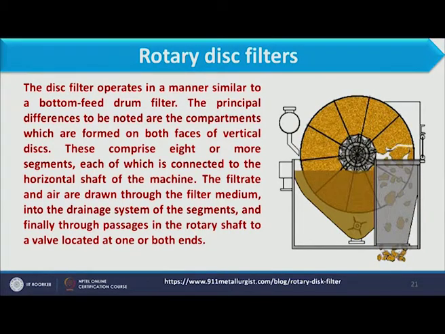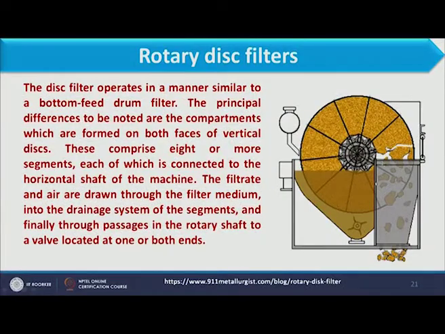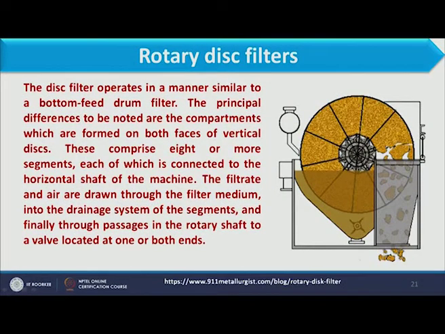It is also operated under vacuum, but as we have seen in the rotary drum filter, the cloth is available at the outer edge of the drum. However, in the disc filter the cloth covers the discs, and the discs are attached to the shaft very near to each other. If you see this image, we can illustrate how it works.